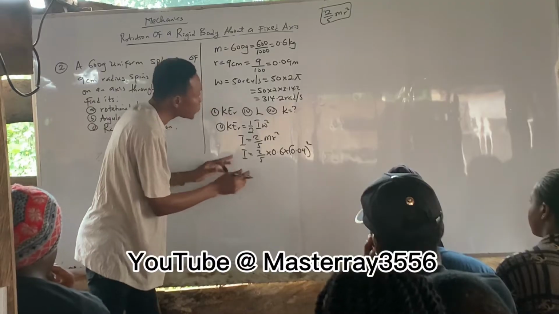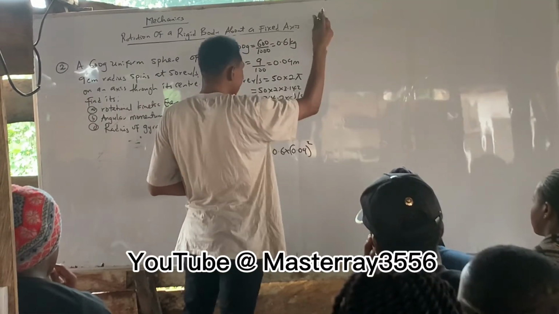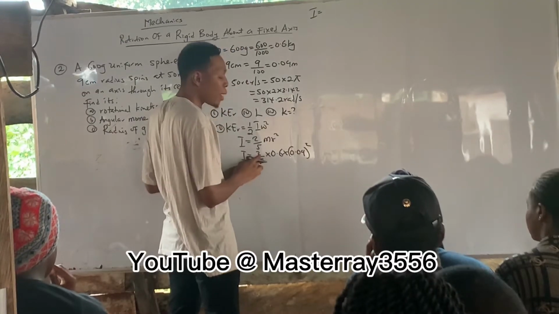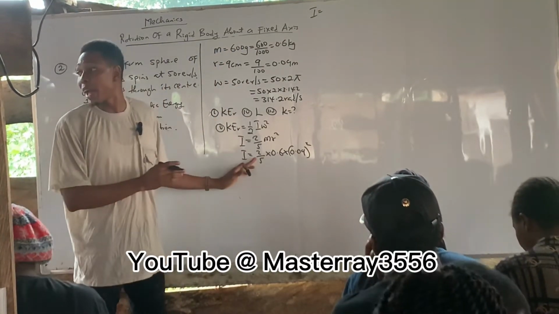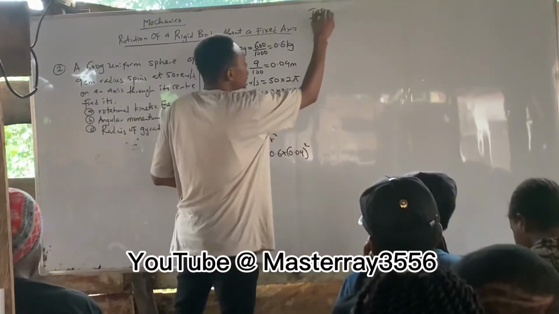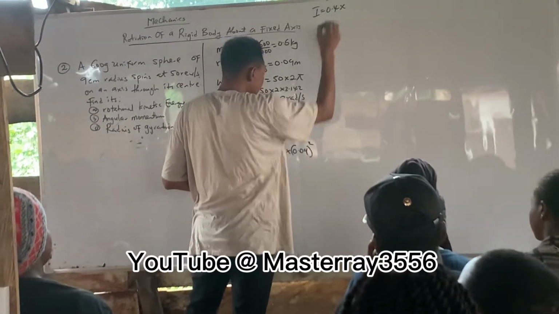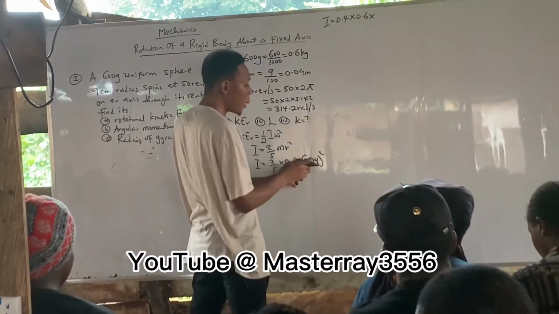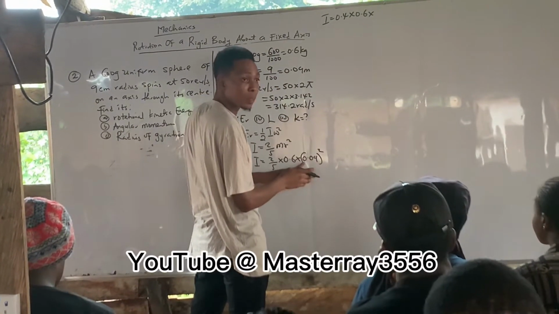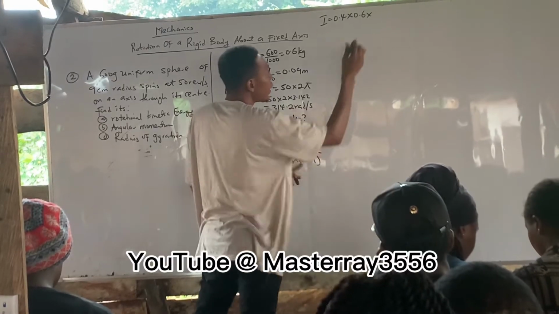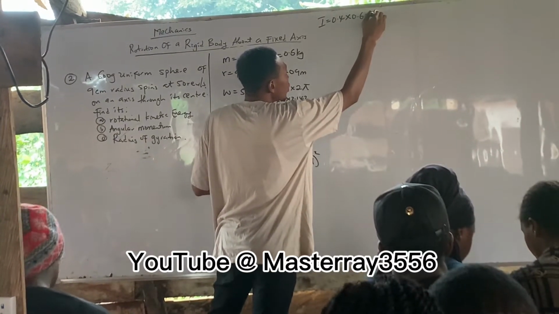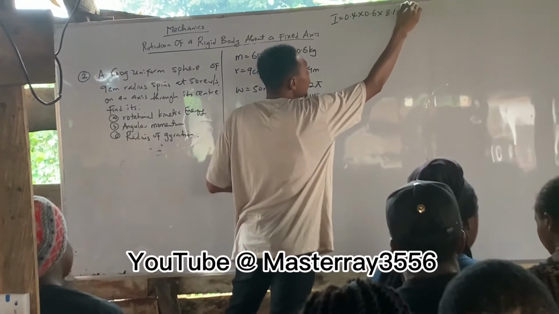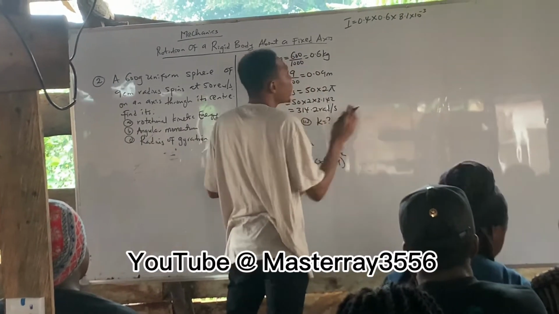So from there, we have I equals 2 divided by 5, which is 0.4, then times 0.6, then times 0.09 squared, which is 8.1 times 10 to the minus 3.